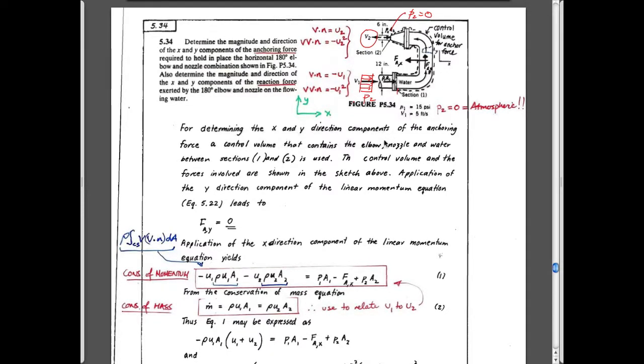And you resolve forces. You resolve for the velocities going in with the appropriate sign convention. You resolve for the pressure force, which is in the positive x direction, which is this. You resolve whatever the pressure force is at point 2, which is 0, and you have some reaction here that you probably want to solve for.